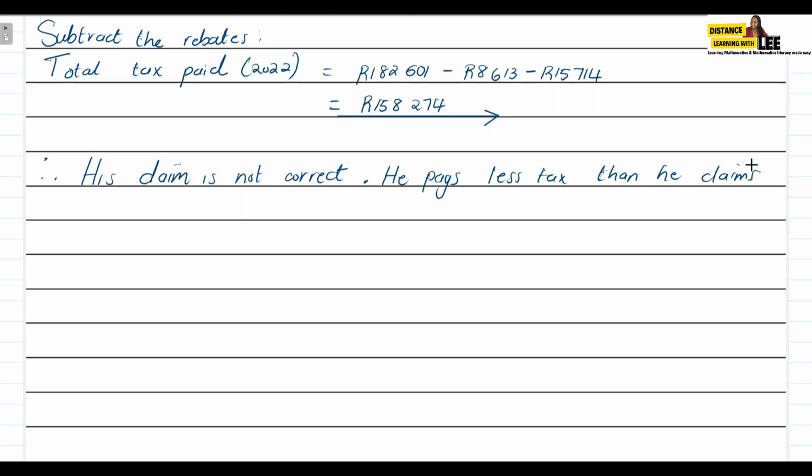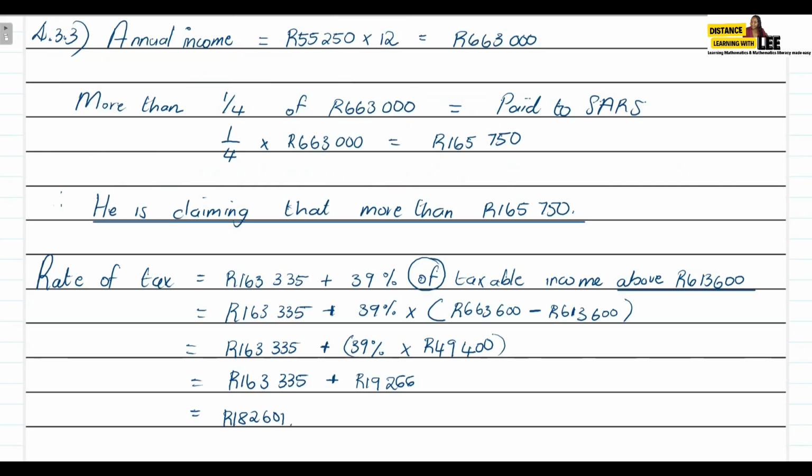All right. So how will they actually mark this question? Question 4.3.3. You'll get 1 mark for calculating the annual income, that his annual income is 663,000. You'll get 1 mark for showing that you know how to calculate the rate of tax, that is 163,335 plus 39% multiplied by 663,600 minus 613,600. 1 mark for that. 1 mark for your final answer of 182,601.